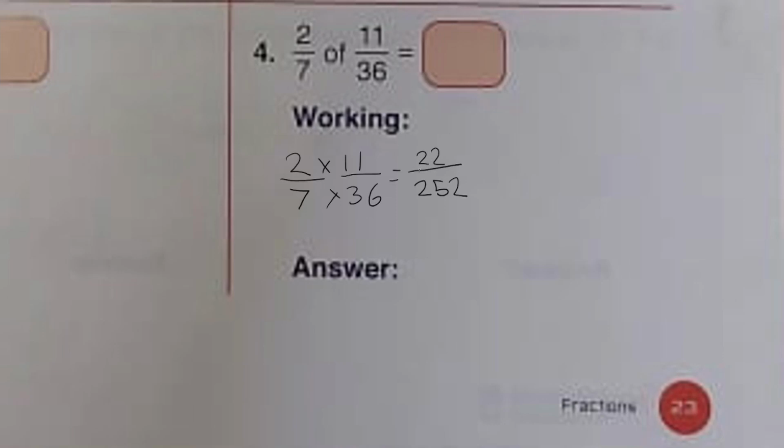Okay, so now this is not a top heavy number, but we can still simplify this. This is a very big number we have here, so we can make this smaller. So a common number, the greatest common factor for each of these.